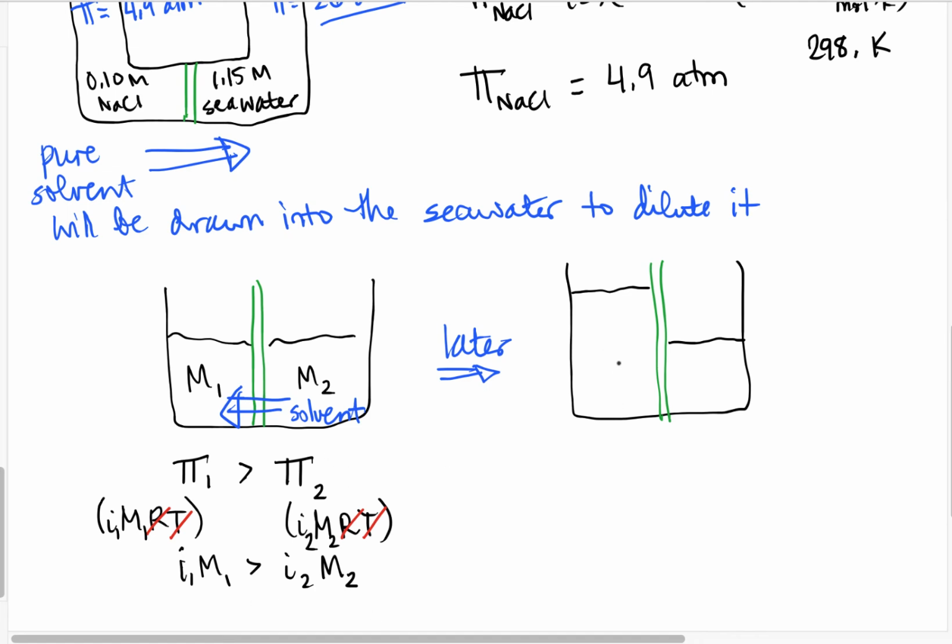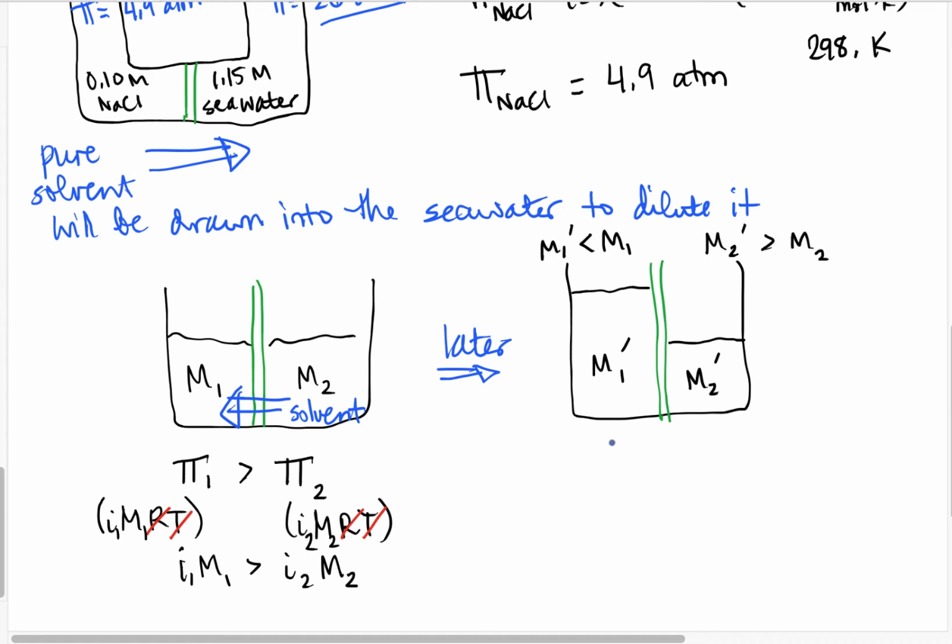So here is my new concentration because it will have been diluted. So M1 prime is less than M1, and M2 prime, because it's lost some of its water, has become more concentrated. M2 prime is greater than its initial concentration.